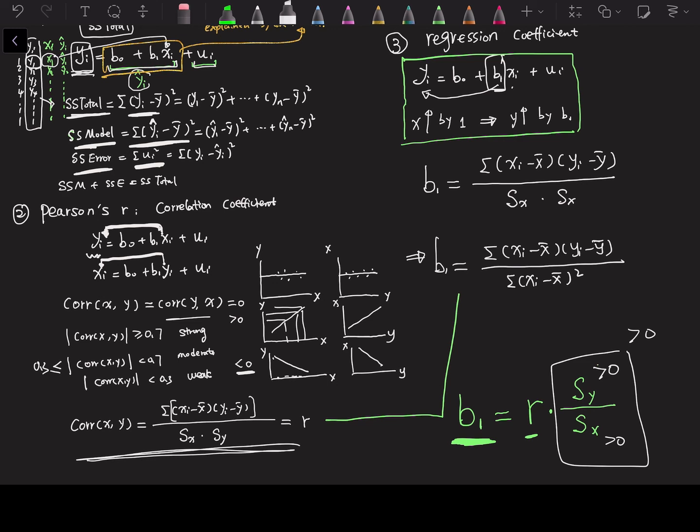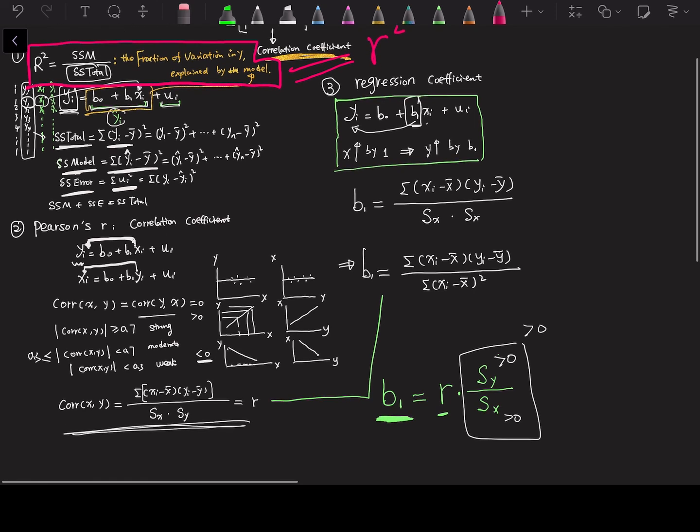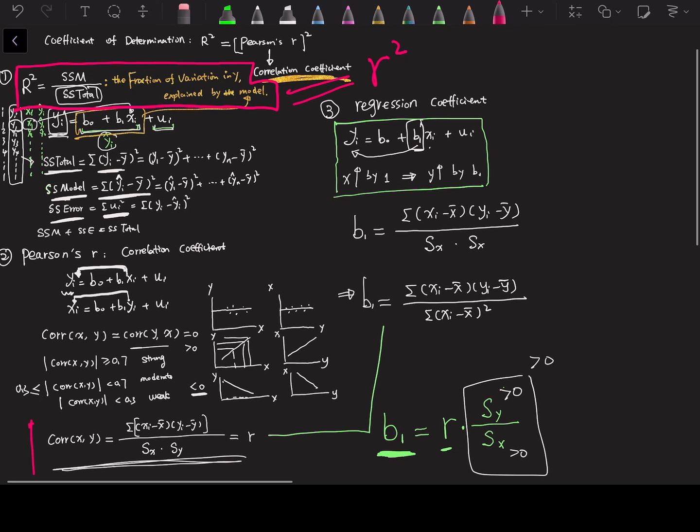Okay, and they have different interpretations. B1 just uses x to explain y, and here there's just a correlation coefficient between two variables. So now let me highlight the measures. One is R squared, the fraction of total variation of y explained by x, which actually equals Pearson's R squared. And Pearson's R is like this: x and y are symmetrical, or have the same importance here.